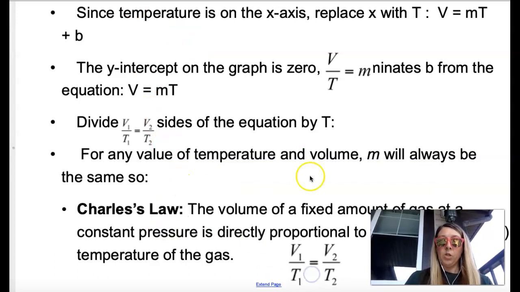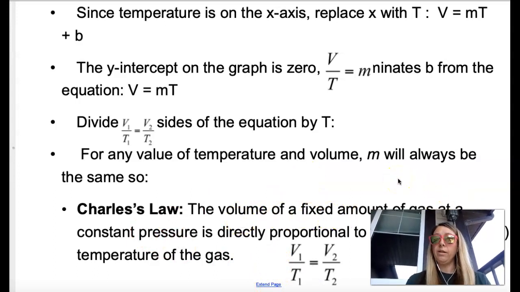Okay, so we get that Charles's law states that the volume of a fixed amount of gas, right? We're always saying a fixed amount, and that's because if you change the number of molecules, you are going to change the volume of that gas. So we're always assuming it's the same amount, either in moles, molecules, whichever unit you want to use.